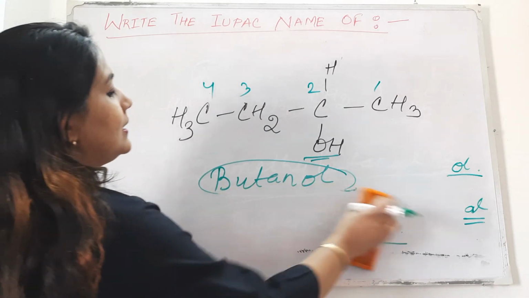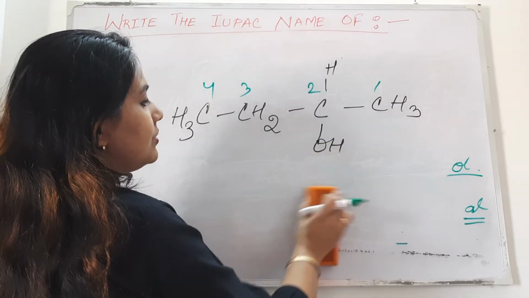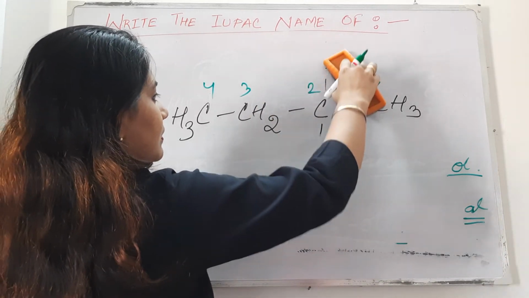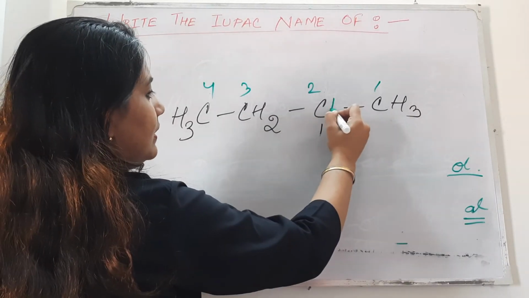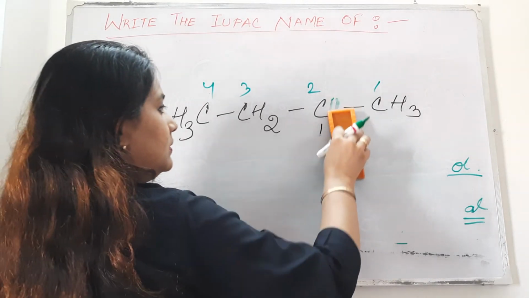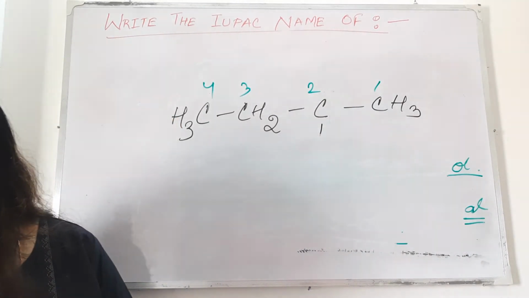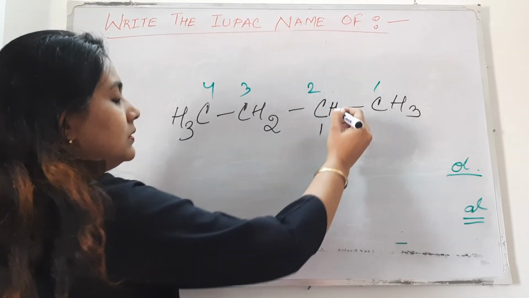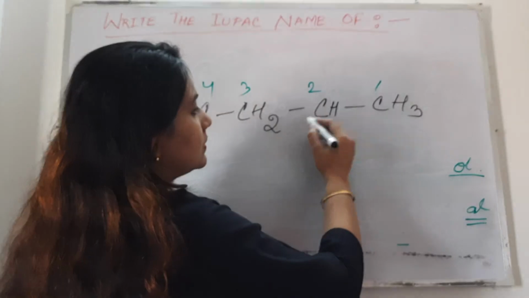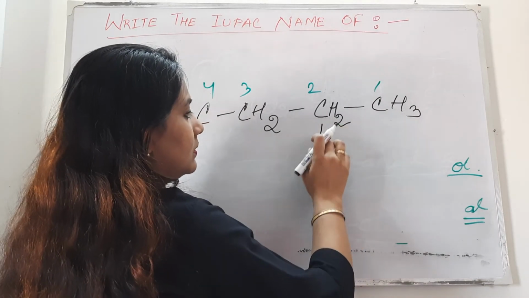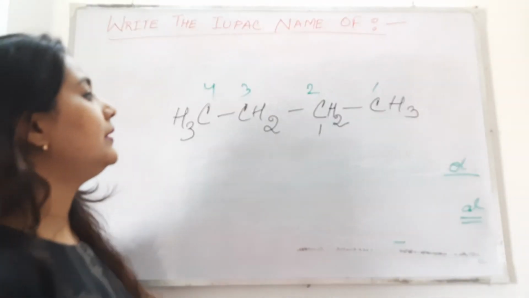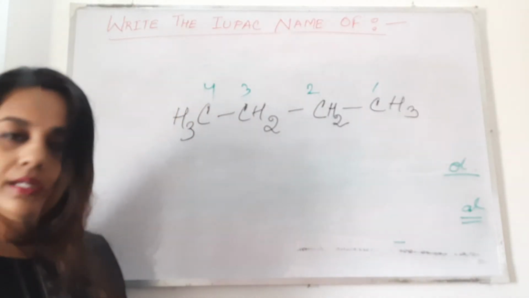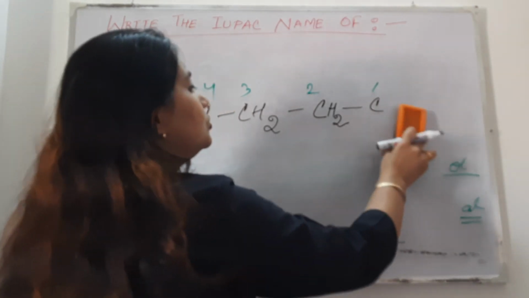And if you take one example of a carboxylic acid group, then it can be written this way. And suppose here one carboxylic acid group is present.